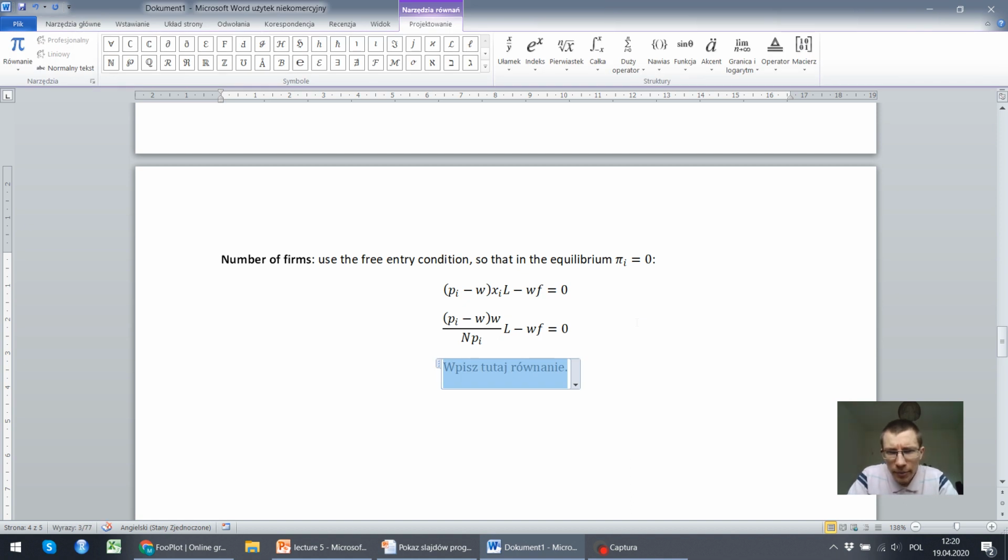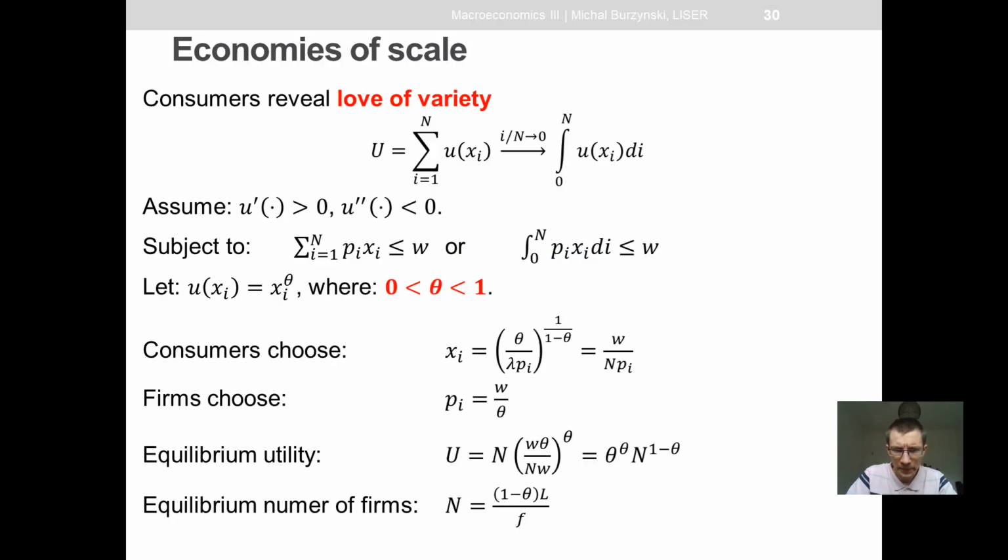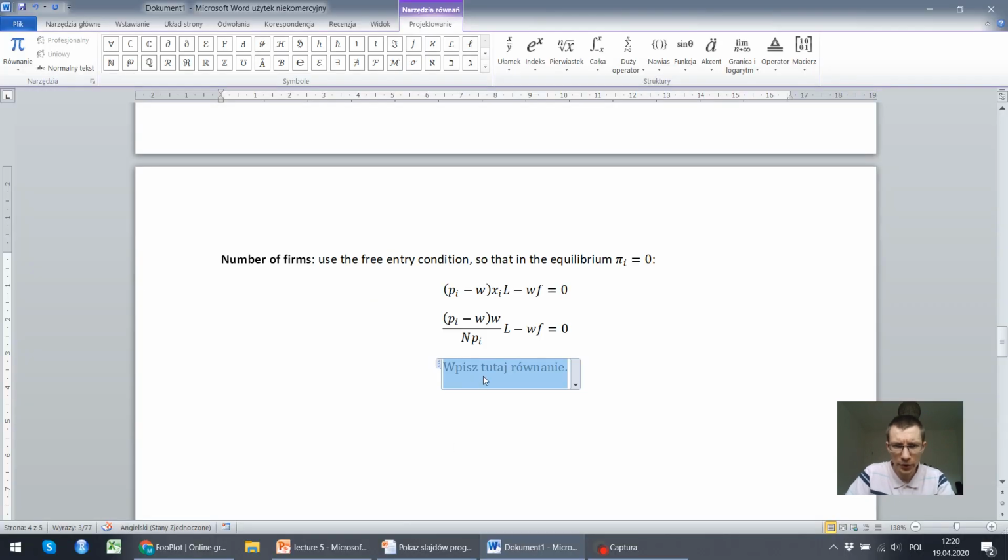Now we know something about the W. We know that W, in fact, is theta times P, right? We use this equation, and we substitute for W theta times P. All right, here we have theta times P as well.